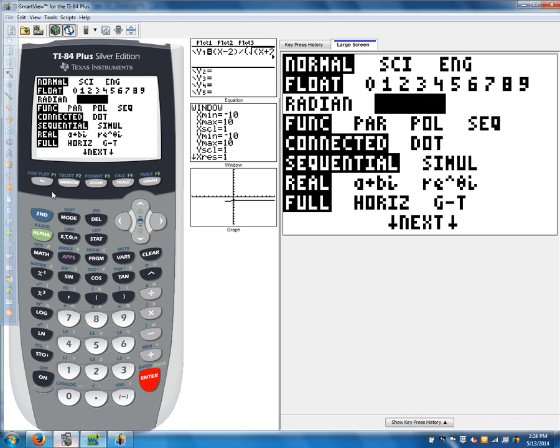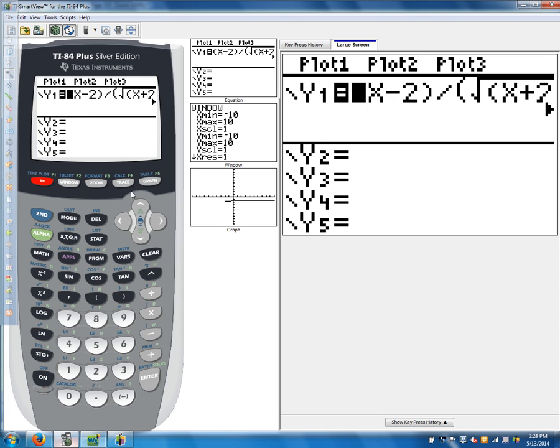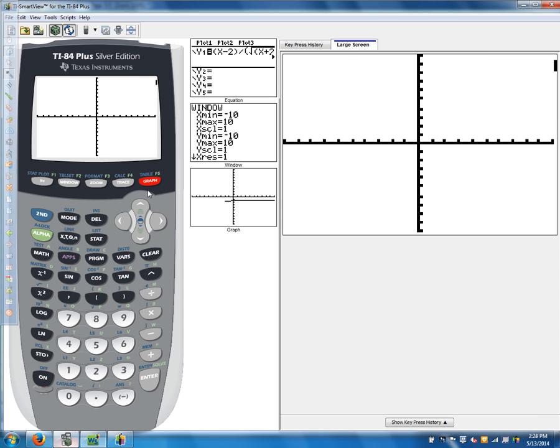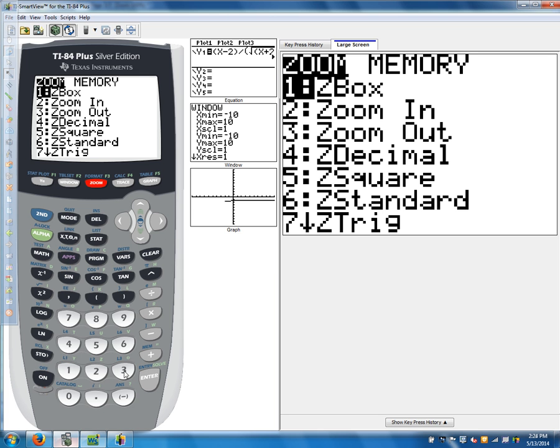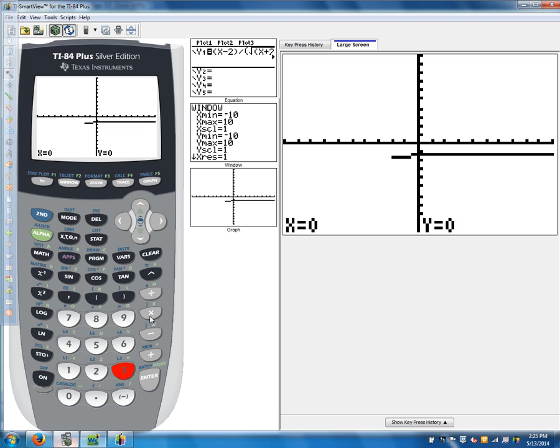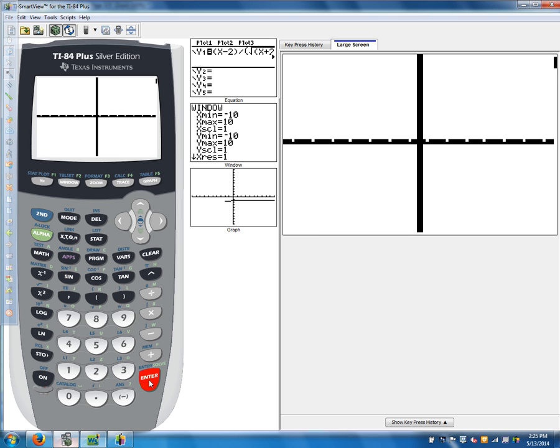You got the same thing? All right. Sorry, let me zoom out. Okay. Well, let's try this.